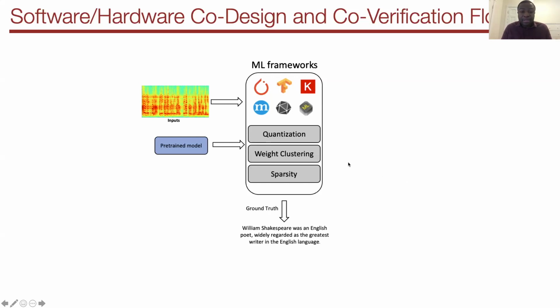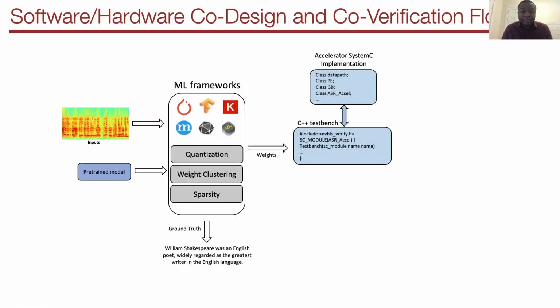Doing this, as you know, can help us produce higher energy efficiencies and higher compute density. Then we will ship the data, the weights of the neural network, to our HLS design and verification workbench shown here.